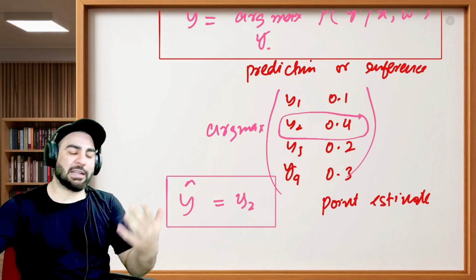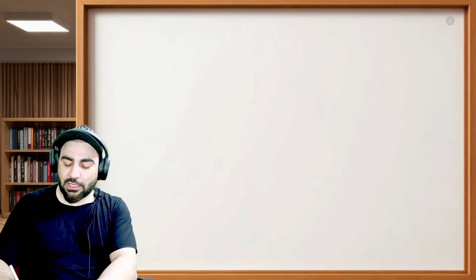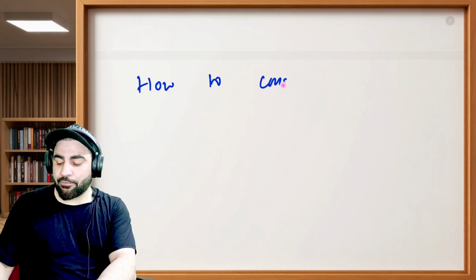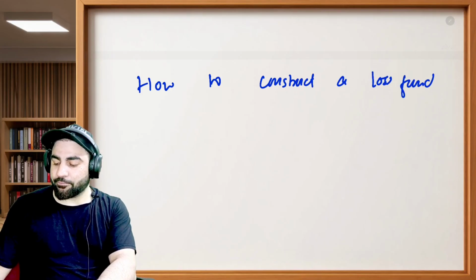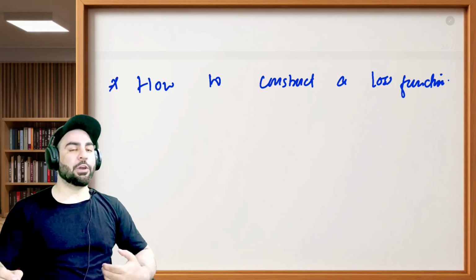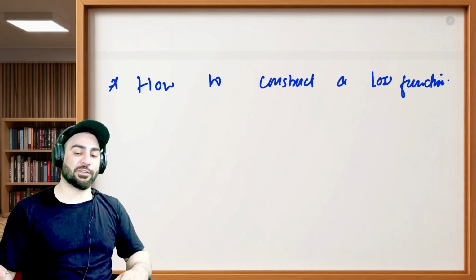And now you have to find an algorithm or a recipe to construct a loss function. Given this background, how to construct a loss function? This is the question. If you are given a problem and you have to construct a loss function, what to do?